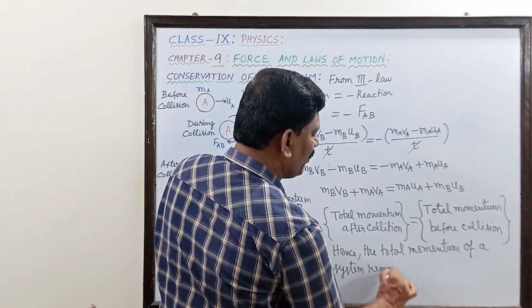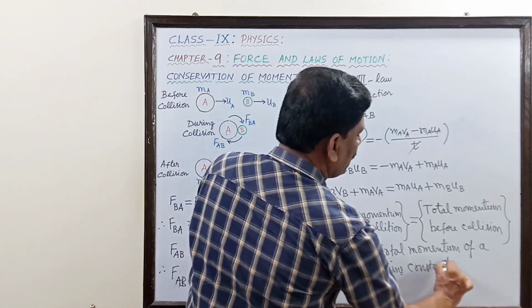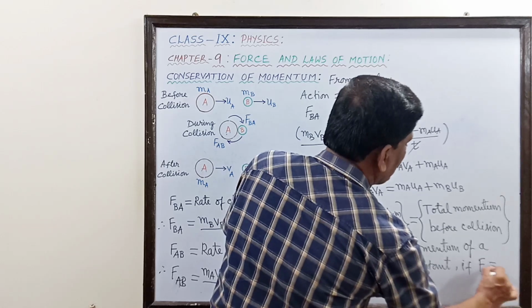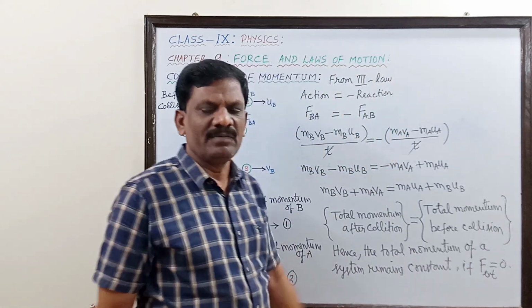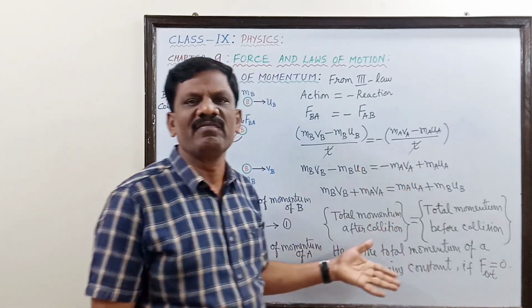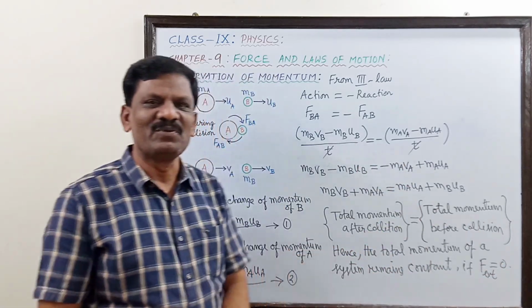So the total momentum of the system remains constant if F external is equal to 0. That means that in the absence of an external force, the total momentum of a system remains constant always. I hope you must have understood well. Fine.